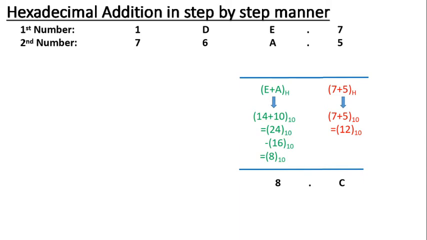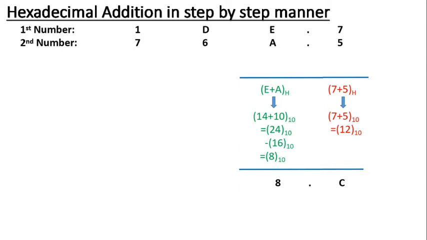24 decimal minus 16 decimal is equal to 8 decimal, and 8 decimal is 8 hexadecimal itself, which is written at the bottom. You can observe that the hexadecimal point has just been copied here between 8 and C in the answer line. In this step, the base of the hexadecimal number system, 16, has been subtracted internally, so a carry is to be forwarded to the next digit addition.